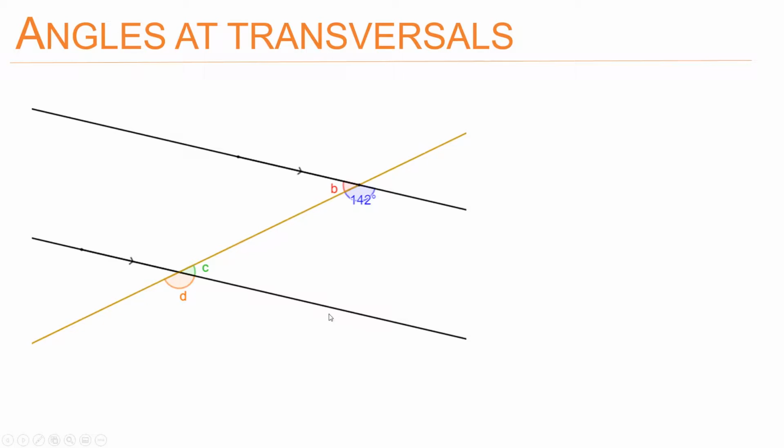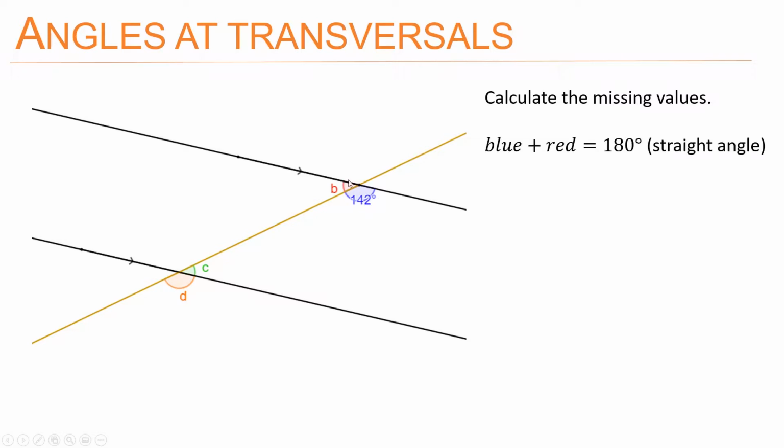Let's say I have this situation here, where I know one angle in a pair of parallel lines and a transversal. That basically immediately means that I know all these 7 other angles as well. Let's look at a few of them. I can calculate B, because it forms a straight angle together with the blue one. So it is 38 degrees.